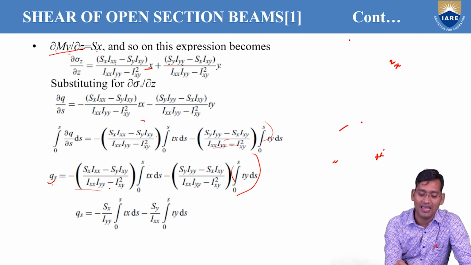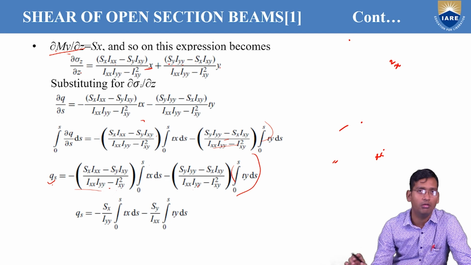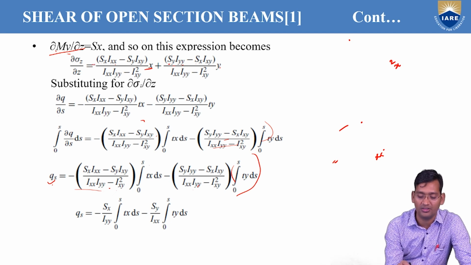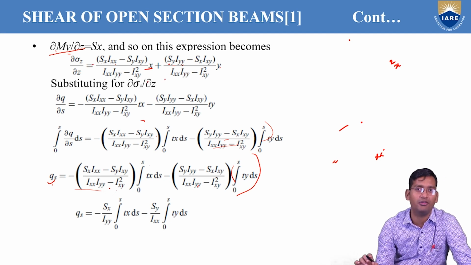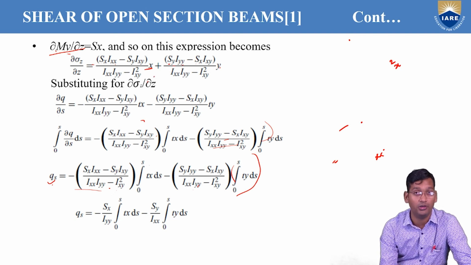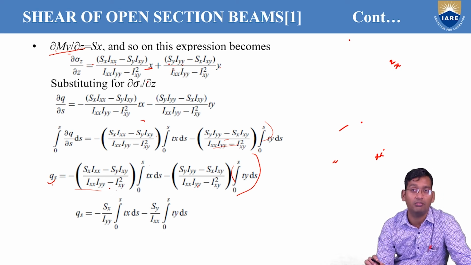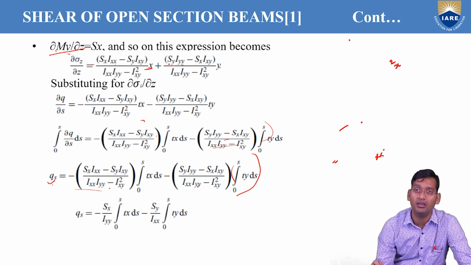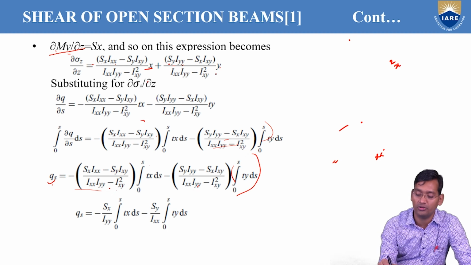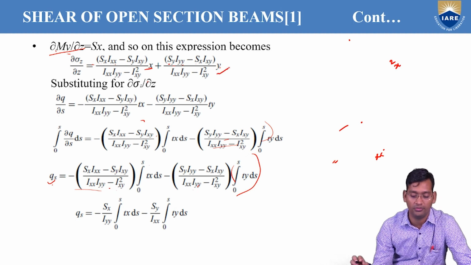So you can say Sx equals del sigma z by del z. So what will that be? Sx Ixx minus Sy Ixy by Ixx Iyy minus I square xy, into x along the x direction. Similarly for y, Sy Iyy minus Sx Ixy by Ixx Iyy minus I square xy, into y in the y direction.